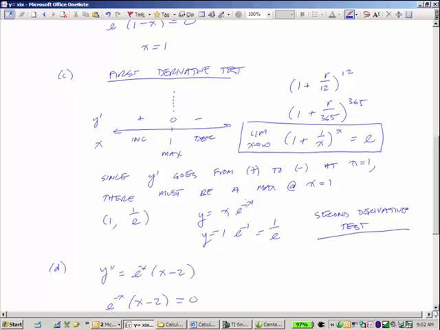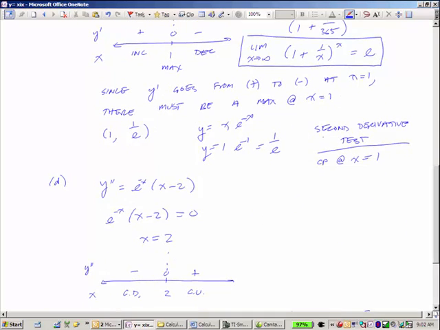So we knew that we had a critical point at x equals 1. If we take that critical point and plug it into the second derivative, let's see, the second derivative at 1 is going to be e to the negative 1 times 1 minus 2.